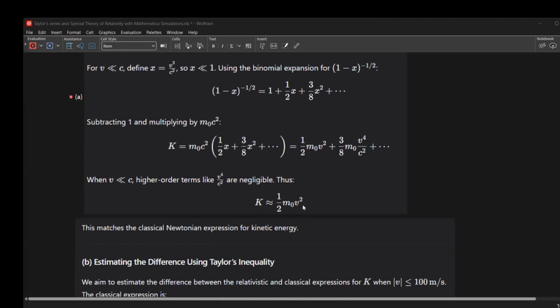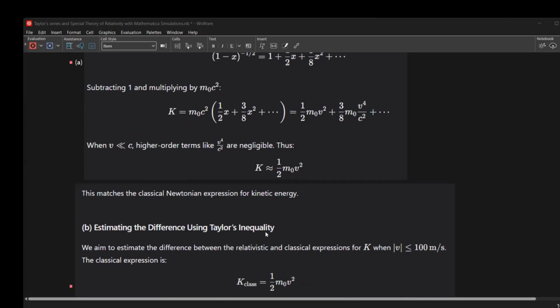So this is the change in the kinetic energy according to classical Newtonian physics. This matches the classical Newtonian expression for kinetic energy.